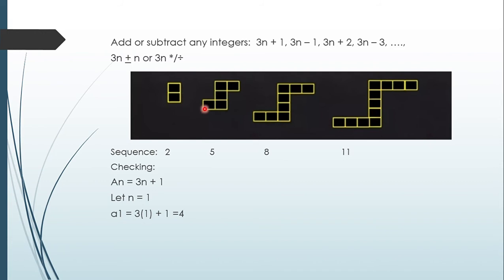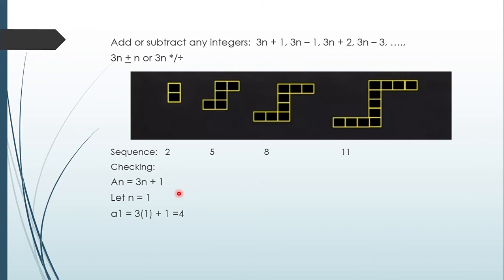Now, para malaman natin kung ano ang tamang gamitin na formula, gagawa tayo ng checking. Once you make a checking, dapat lalabas ang result na 2, 5, 8, 11. So, let's check. Gamitin natin itong 3n plus 1.